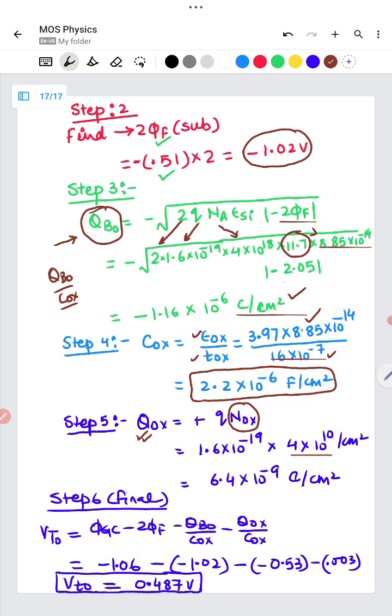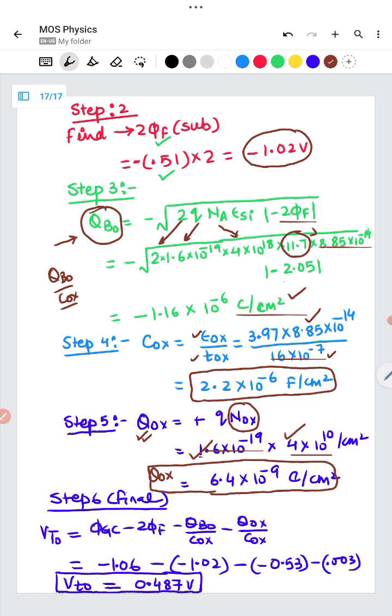Every defect or every charge has to be multiplied with the charge of the electron, then only you will get the total charge per centimeter square. So 1.6 into 10 to the power minus 19 multiplied by 4 into 10 to the power 10, which comes out to be 6.4 into 10 to the power minus 9 coulomb per centimeter square. So this is your total oxide charges in the oxide layer.